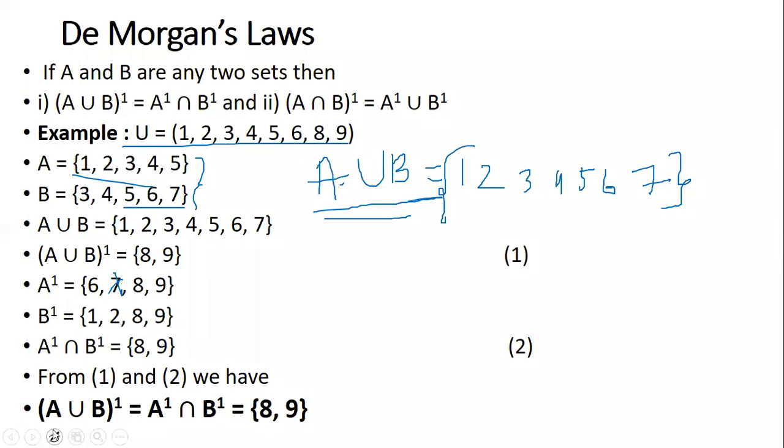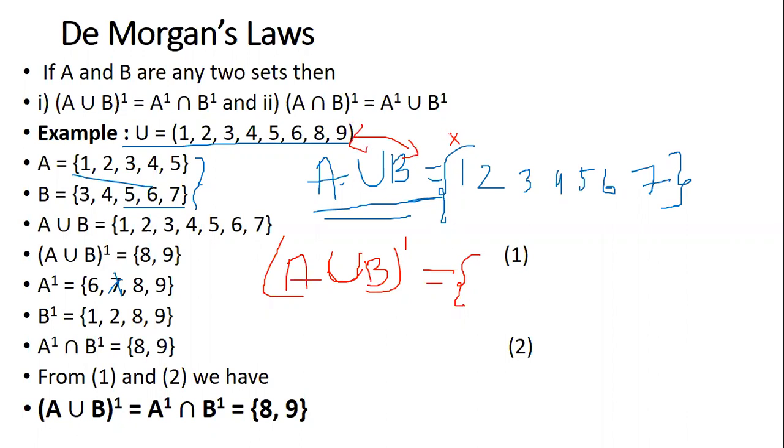Okay, now let us compare these both sets and we will write down A union B complement. Now what is the concept of complement? Whatever is not there in A union B, that has to be written. Correct? What is not present in A union B when I compare these two sets, that I am supposed to write here.